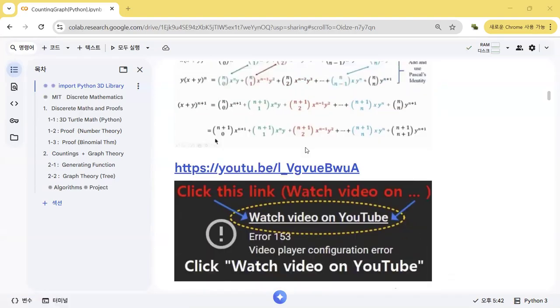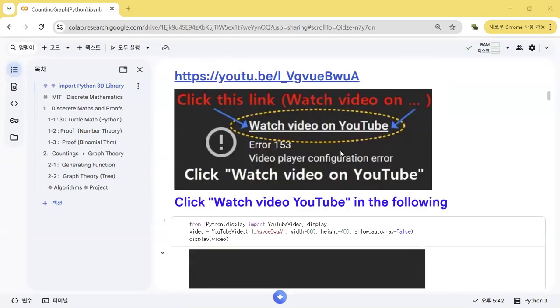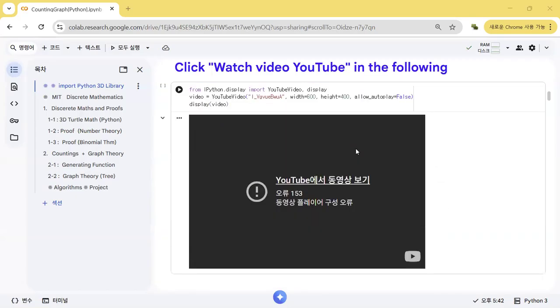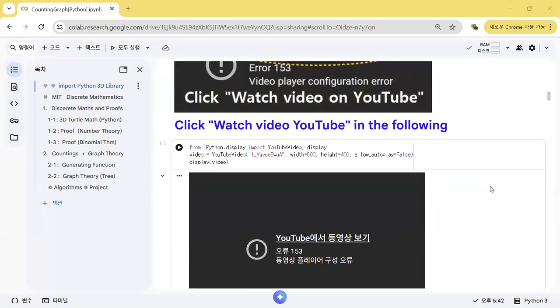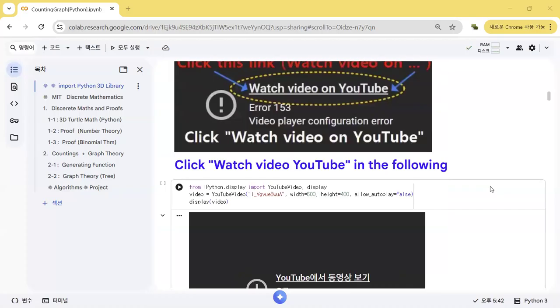There is a very good YouTube video that explains this theorem, so I recommend you watch it. But suddenly an error comes out. Everything is perfect, but I think Google doesn't want to show YouTube inside of this Colab.